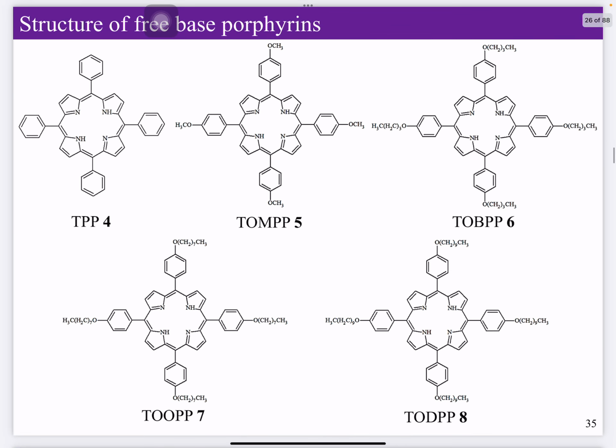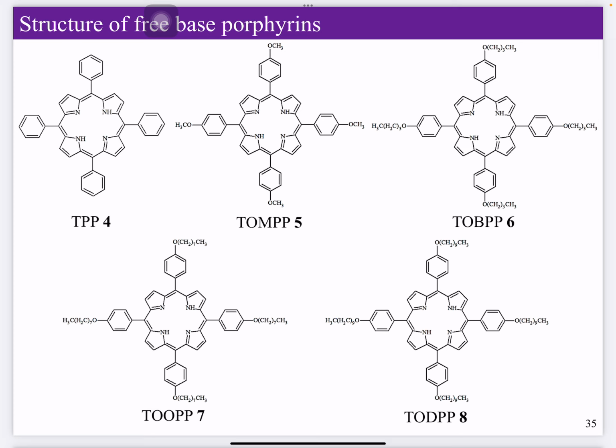the free base porphyrins. Within the free base porphyrins, we synthesize TPP, TOMPP, that is O-methoxy on the para positions, or TOBPP that contains 4 carbons on the para positions of the ring.